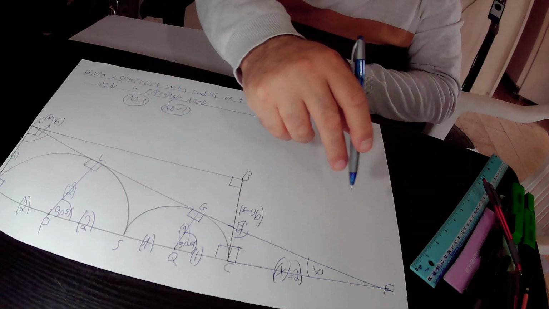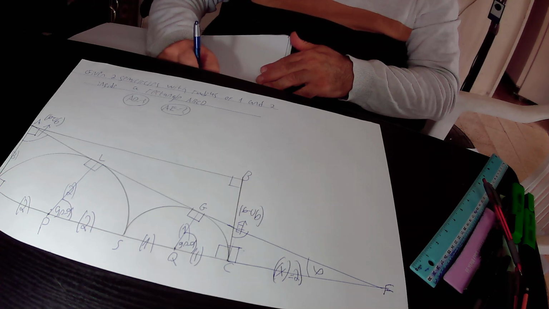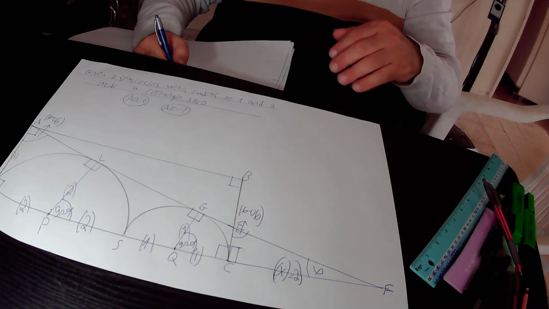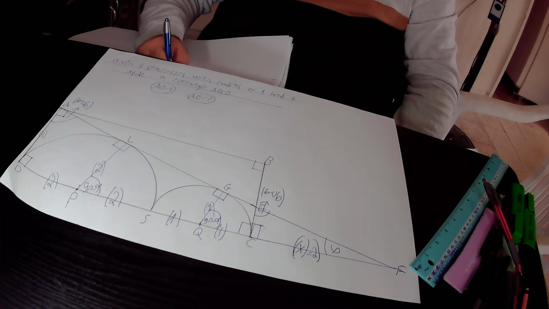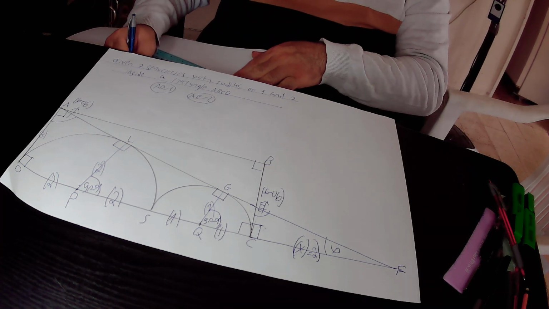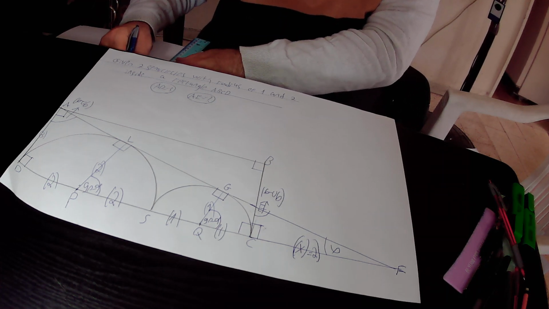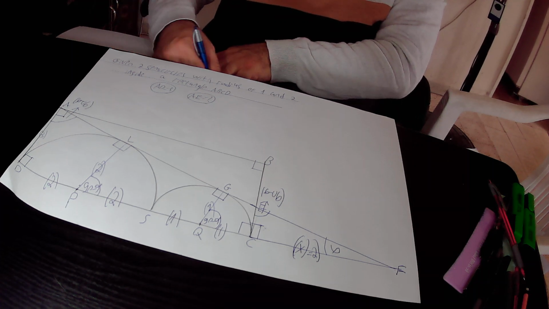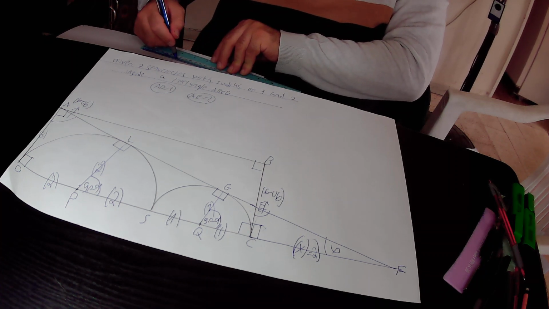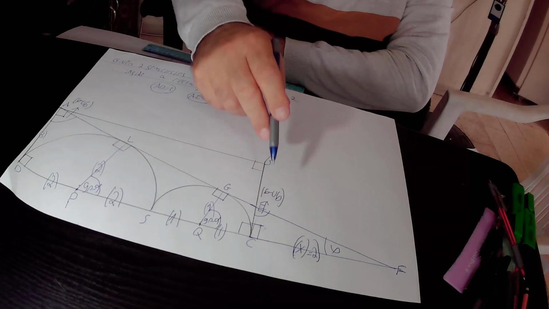The big right triangle ADF is similar to this small right triangle ECF. So why is the big right triangle ADF similar to this small right triangle ECF?